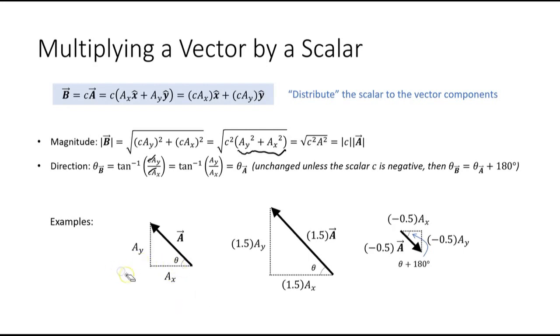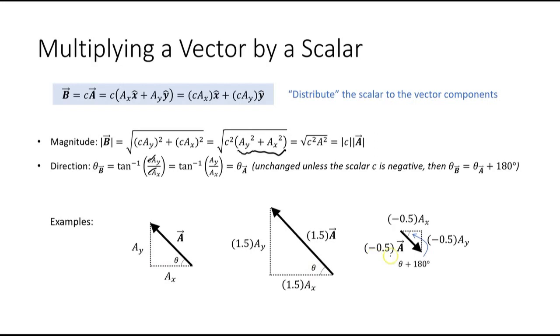Okay, and so then when I think about some new vector, which is 1.5, which is just a scalar, multiplied by my vector a, I would end up with an arrow that's 1.5 times my original a vector arrow, right? So the length of that arrow just scales exactly with the multiplied scalar, so 1.5 times in this case. And then you can see that you also would multiply each of the components, so each of those components would grow by 1.5 times, but the angle in this case is going to stay the same as for our original vector a, just like we would expect.